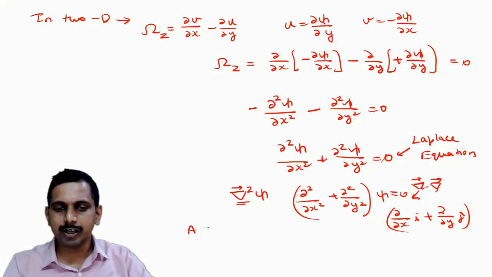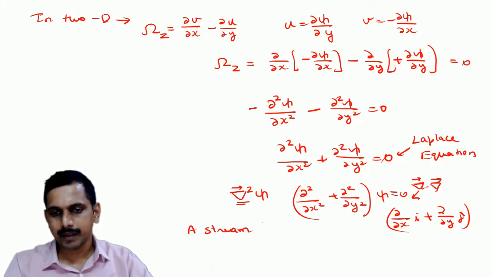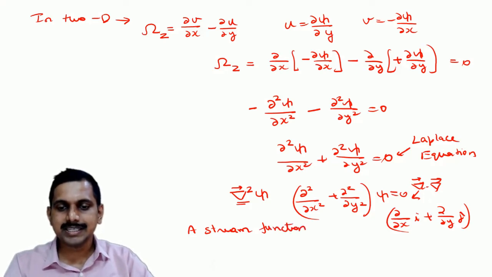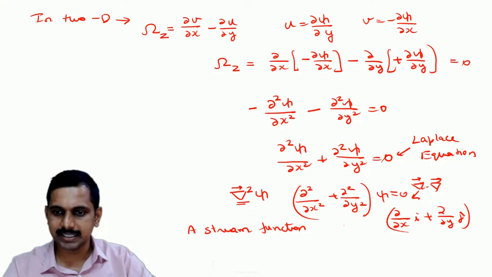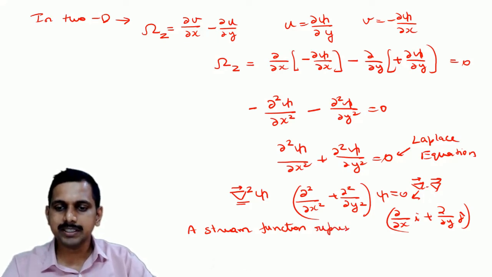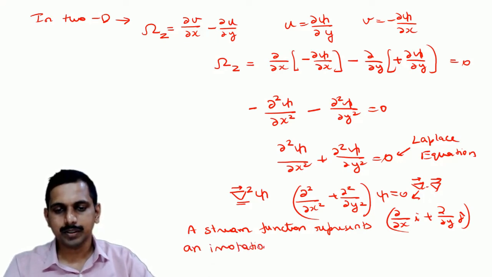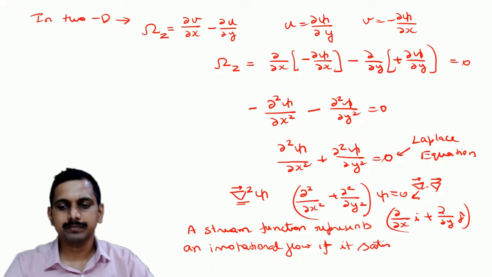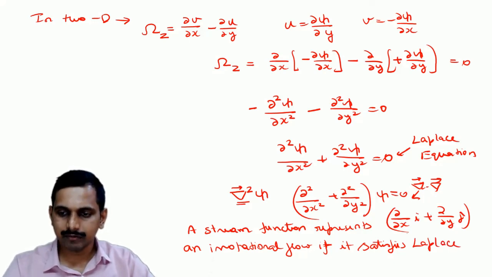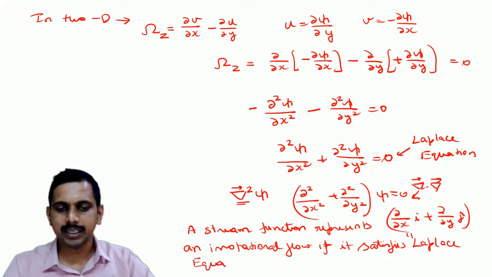So a stream function represents an irrotational flow if it satisfies the Laplace equation.